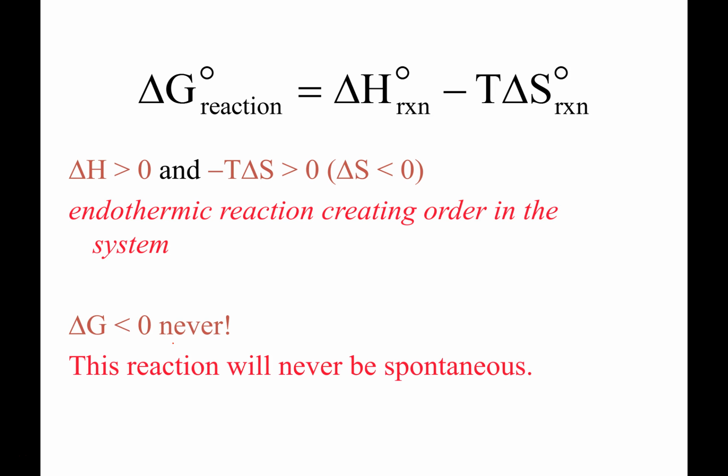So in this case, for all temperatures, your Gibbs free energy is going to be positive. You can never get a negative delta G out of this situation because both terms are working against you. Never be spontaneous. But how do you make it spontaneous?